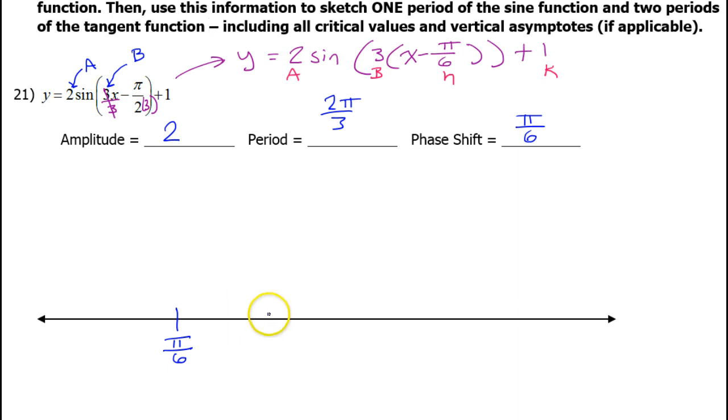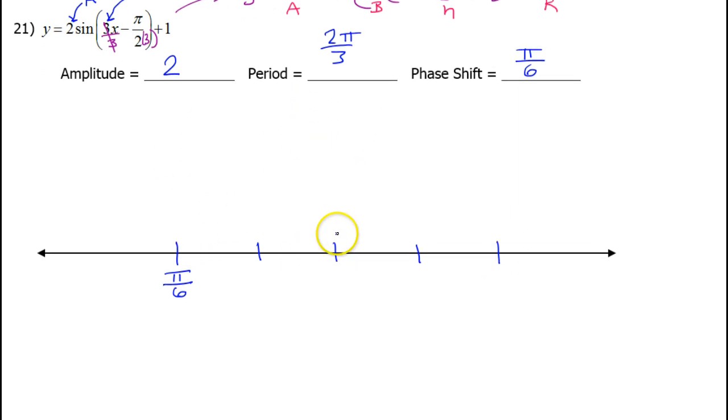Now I'm going to count over 4 big spaces. So 1, 2, 3, 4. See, I moved 4 times. So that means every one of these jumps is 1/4 of a period. So that's why I need to know what 1/4 of the period is. So since the period is 2 pi over 3, what's a quarter period?